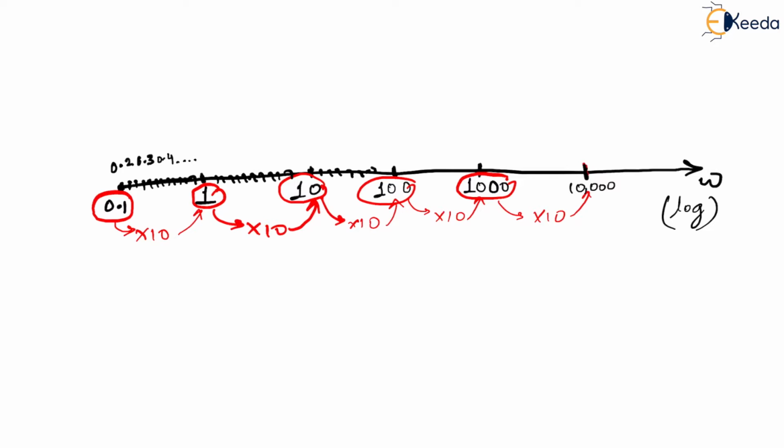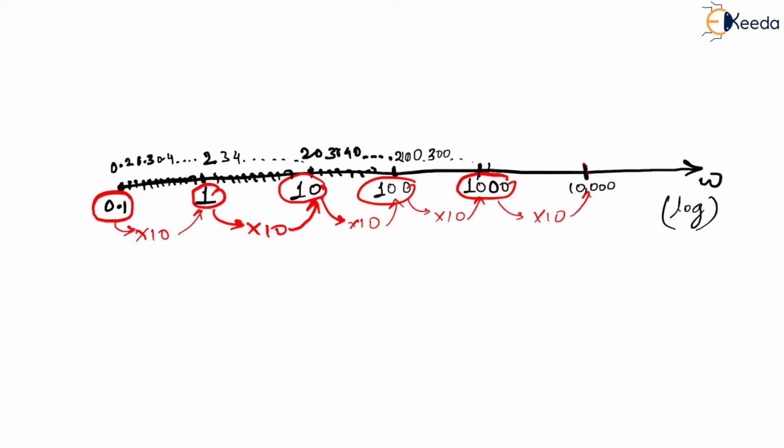Similarly, after 1, the next small division is 2, then 3, up to 10. After 10, the next is 20, then 30, 40, and so on up to 100. After 100, I get 200, 300 up to 1000.